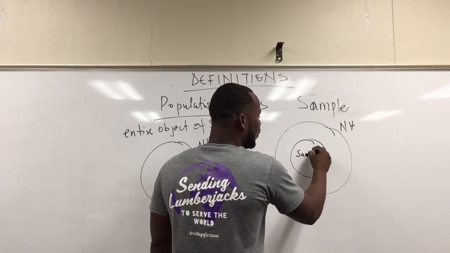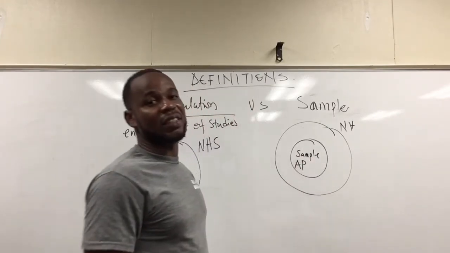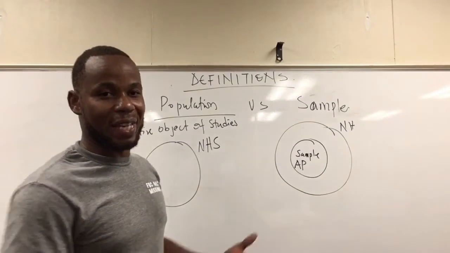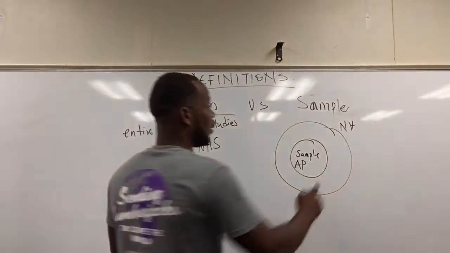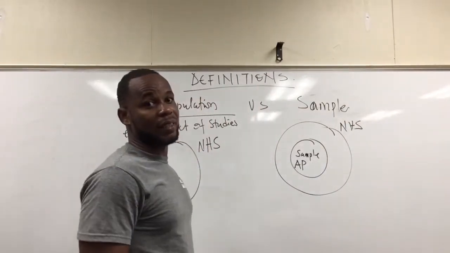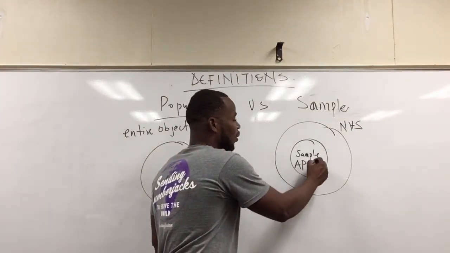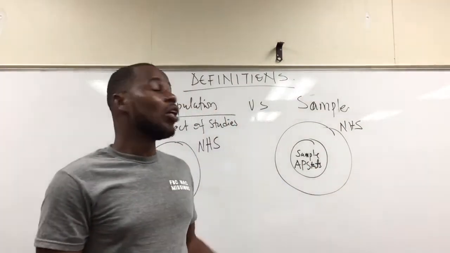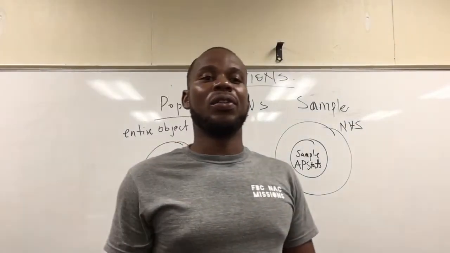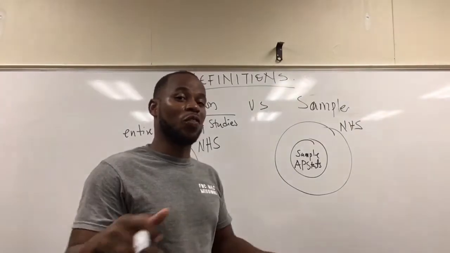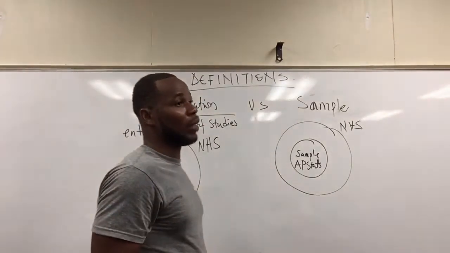The sample will be you people who are in AP statistics. See how easy it is. This whole thing is NHS, and this is AP stats. So population is everybody in Nacogdoches High School, and the sample is those of you who are taking AP statistics. That's the first definition we are looking at.